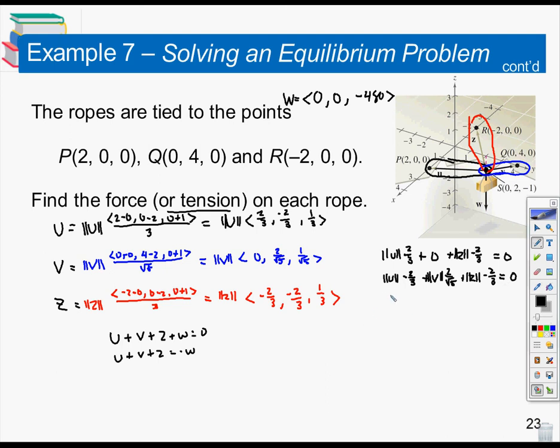And then lastly, when we add all of the third terms, magnitude of U times a third plus magnitude of V times 1 over square root of 5 plus the magnitude of Z times a third, that should all equal 480.